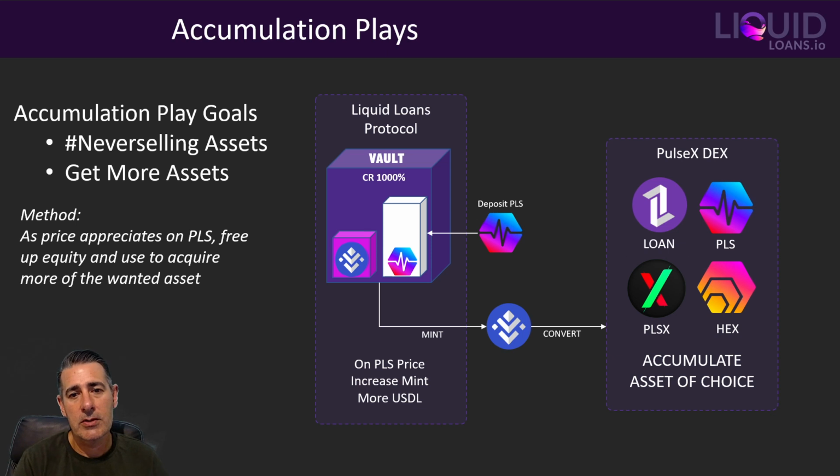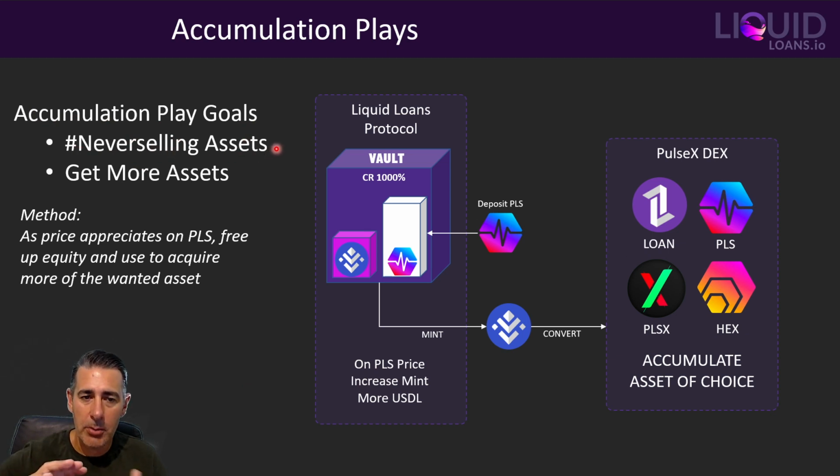So let's have a look at an accumulation play. If you've watched the Haunted strategy, you've got a pretty good idea of what an accumulation play looks like. But it doesn't have to be just for acquiring more Pulse. So let's just have a quick look at that. Generally, accumulation play goals are trying to never sell the asset. That's the goal.